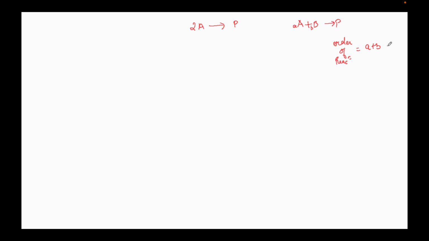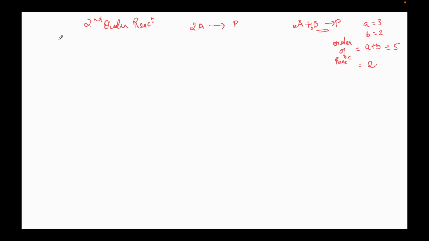And this A could be anything. A could be 3, B could be 2, so the order will become 5. It will be a 5th order reaction. Whereas in our example we have 2A giving us product, so the order is 2. Very simple, this is a second order reaction.